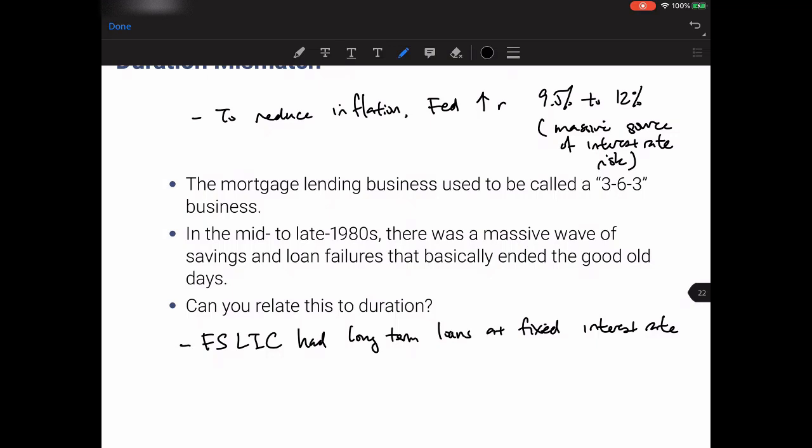But now after the Fed increased interest rates to 12%, they could only borrow money at a 12% interest rate. So definitely they cannot generate a sufficient amount of money from their long-term loans to pay off those higher borrowing rates.